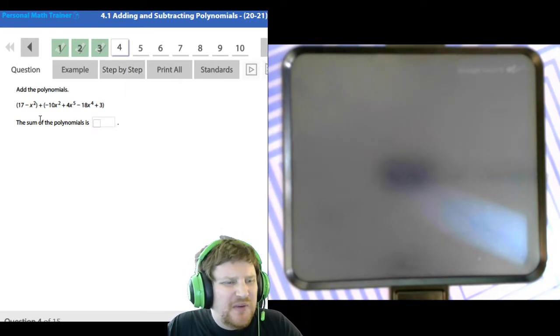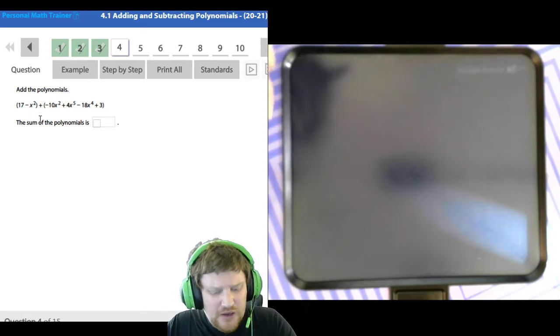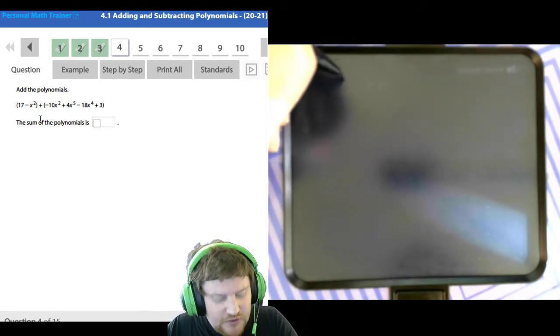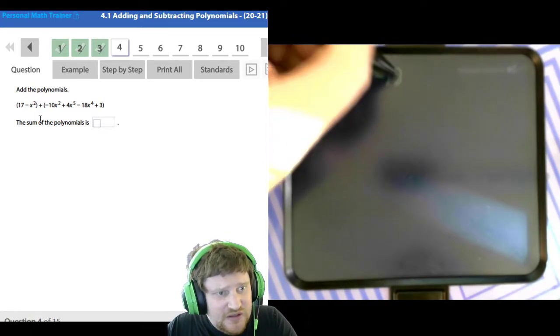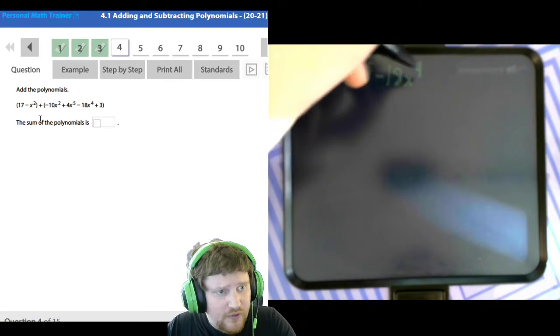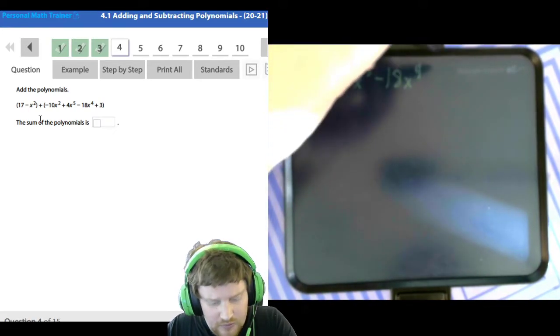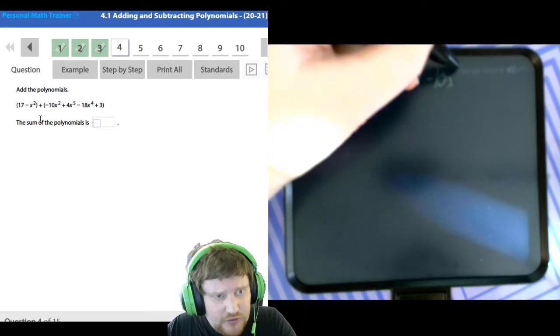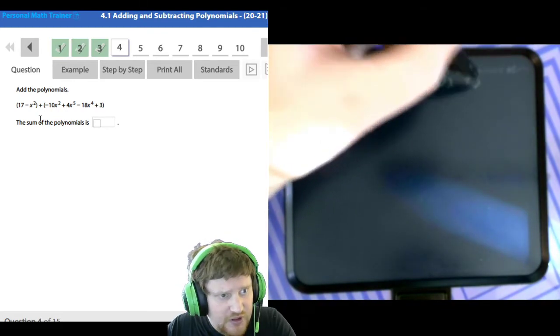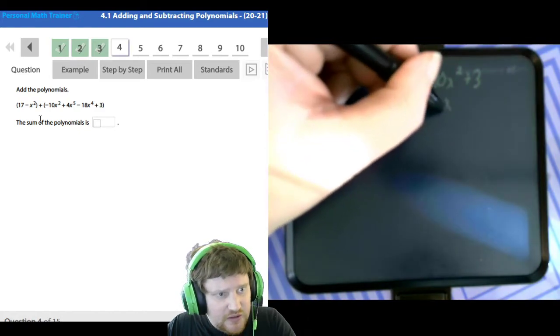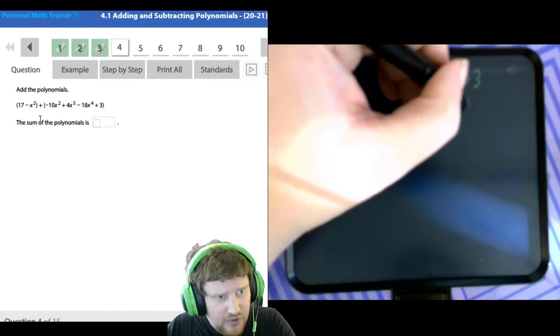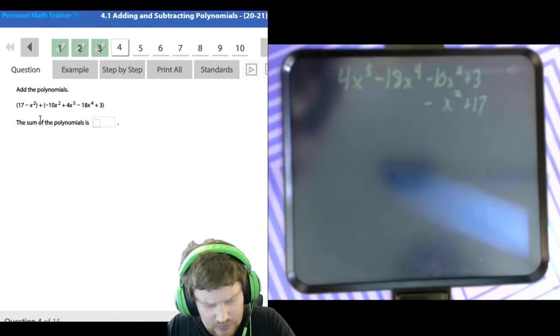Alright, I'm actually going to write the second one on top because it's got more terms, more monomials in it. So I'm going to have 4x to the 5th minus 18x to the 4th minus 10x squared plus 3. And then I'm going to have negative x squared plus 17.